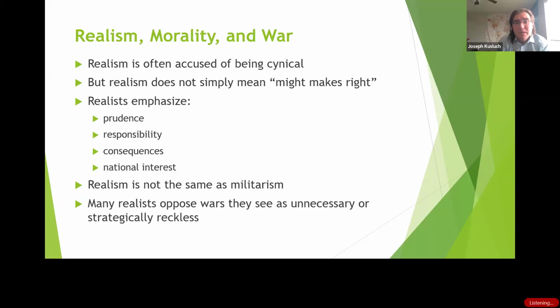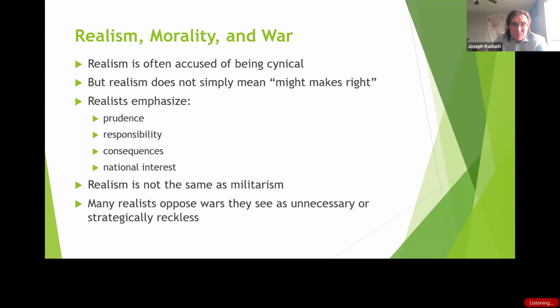So, something else our textbook brings up that we should touch on is that realism is often accused of being cynical or immoral. Students may hear or read in their textbooks about realism and think it means might makes right or power is all that matters.